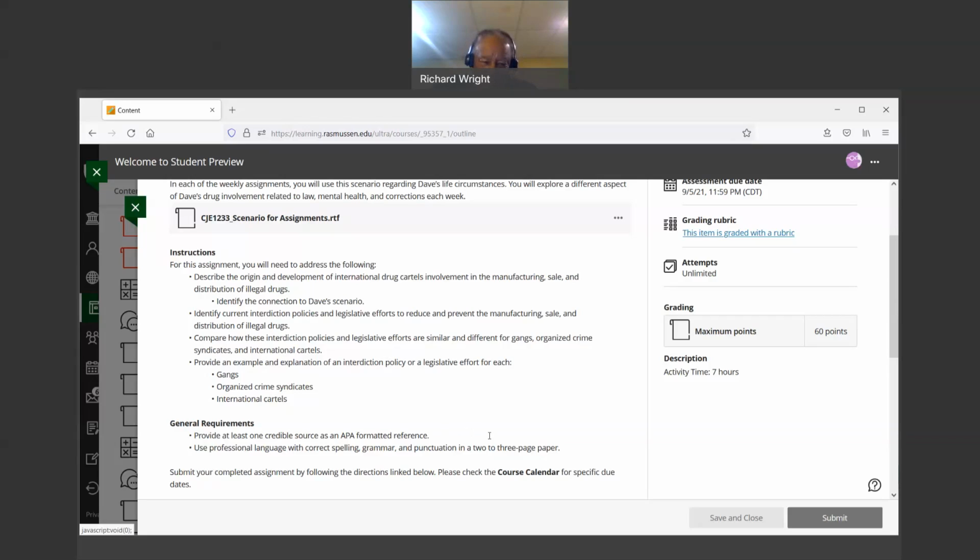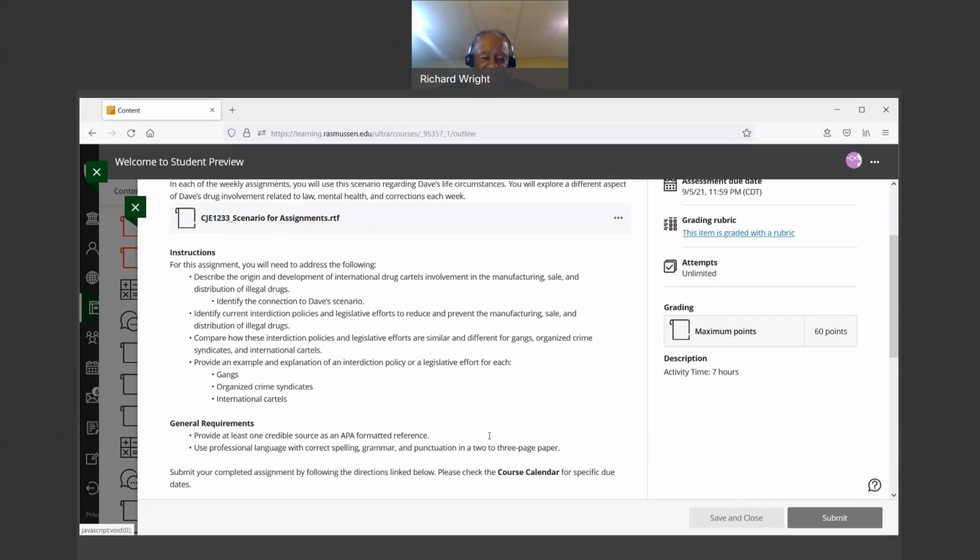Double spaced, not single spaced as well.